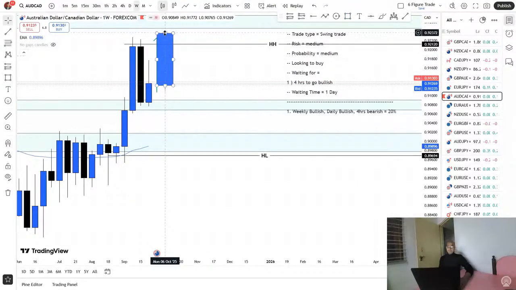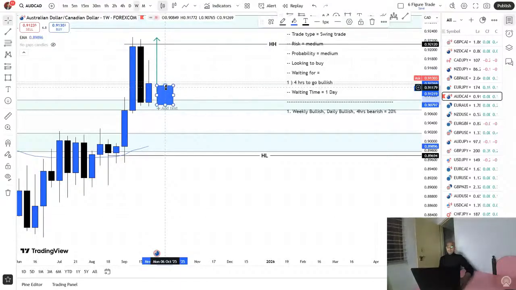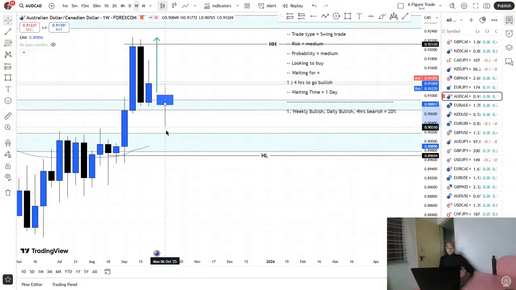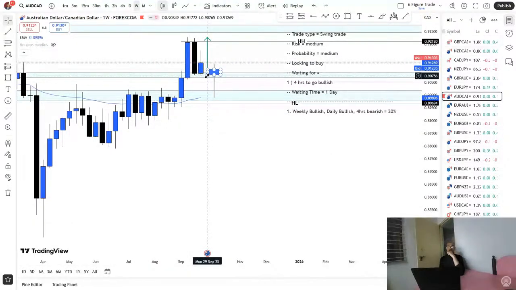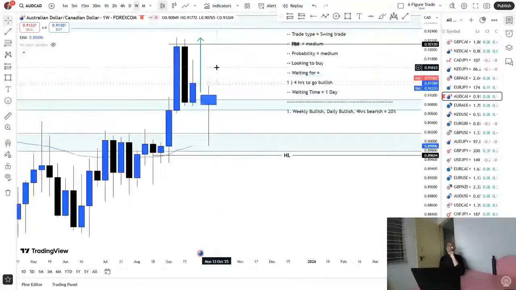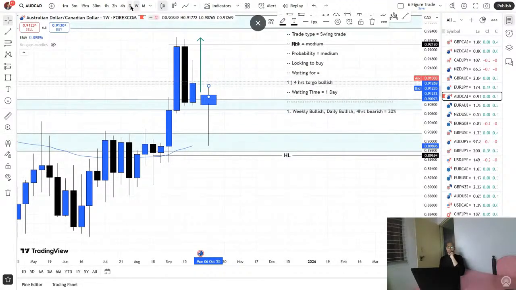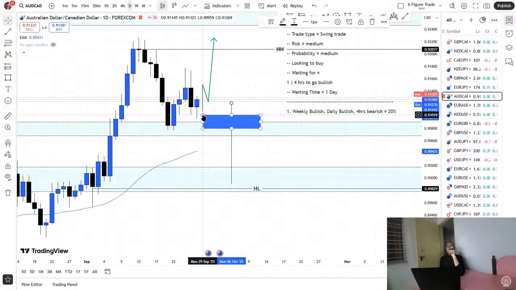But what I'm actually feeling is it is going to create this weak rejection to the downside. Why suddenly, I don't know, but this is what I'm feeling, brother. Seriously, it is going to create a doji candle. That is what my inside is saying, brother.